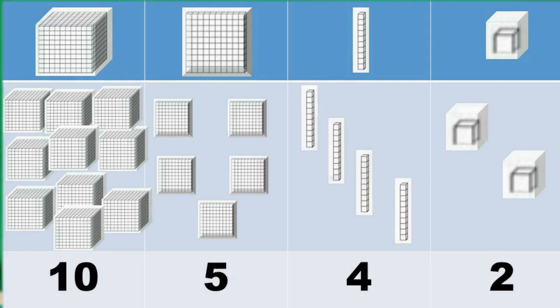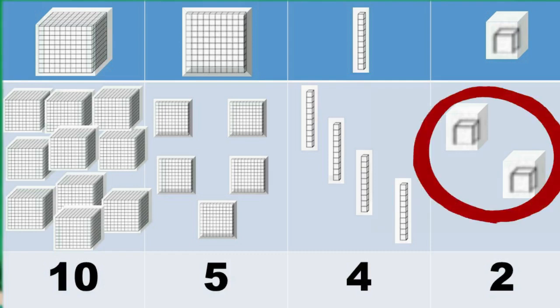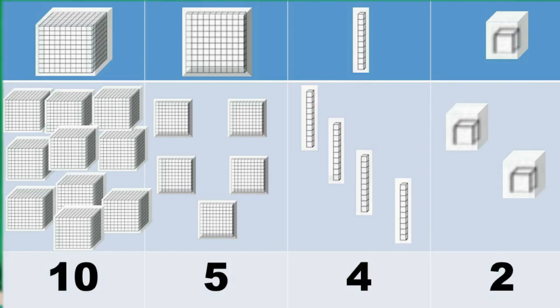The digit 2 is in units place. How many units should be at one's place? We have 2 units. The digit 4 is in long's place. How many long should be at tens place? We have 4 longs. The digit 5 is in flat place.